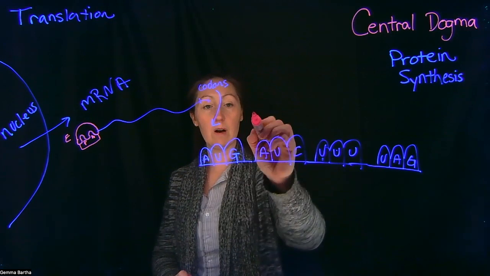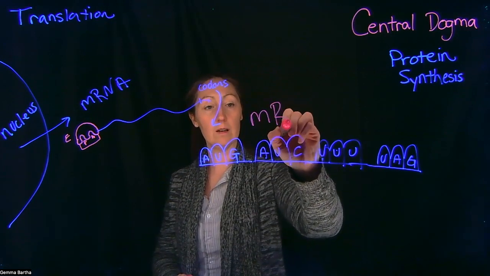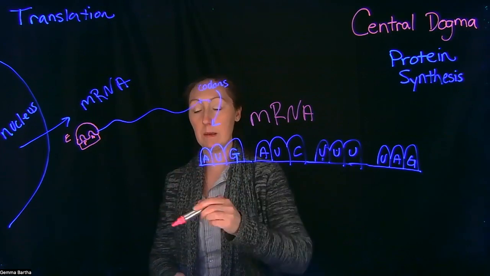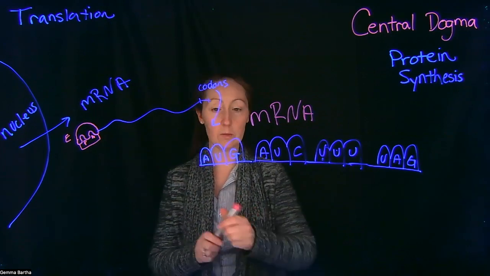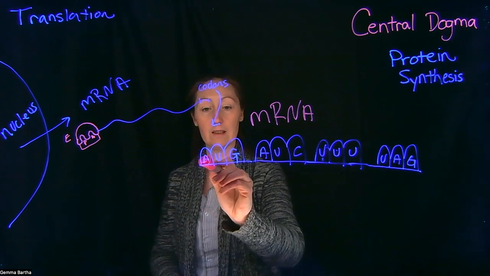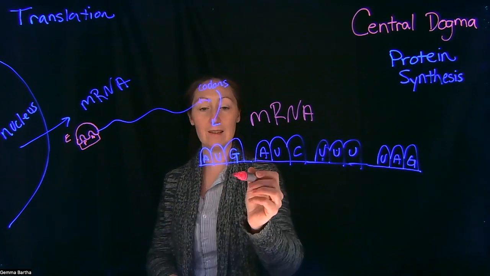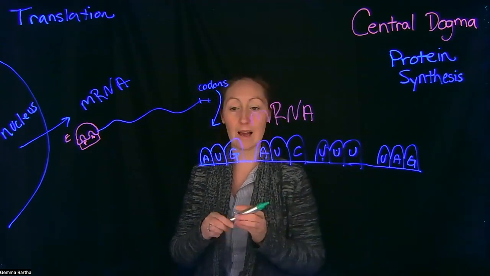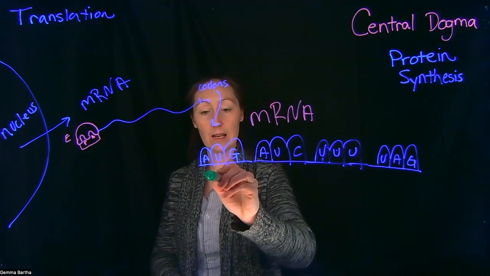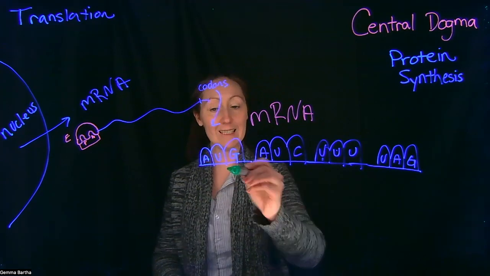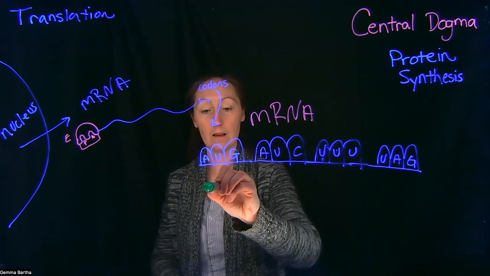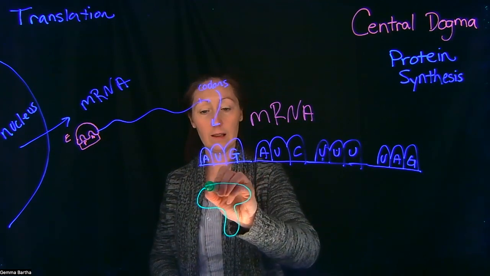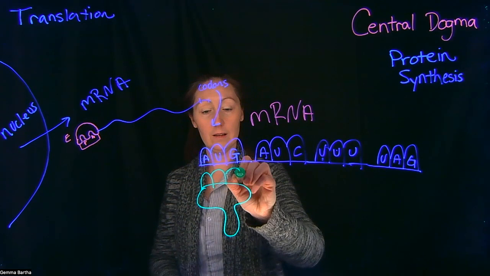Here is our mRNA. It's going to be put through our ribosome, and our ribosome is going to read this AUG at the A site. At the A site, you're then going to have a tRNA come in, which is your anticodon. We'll draw it like this.